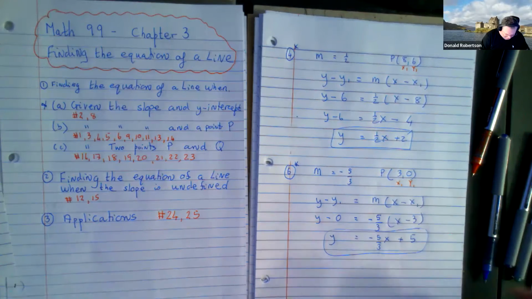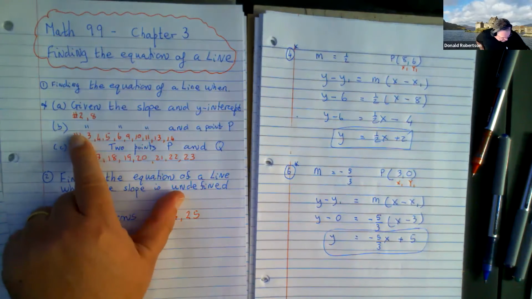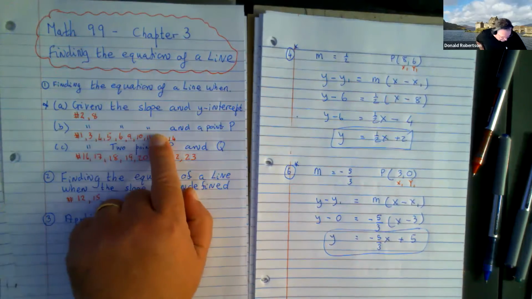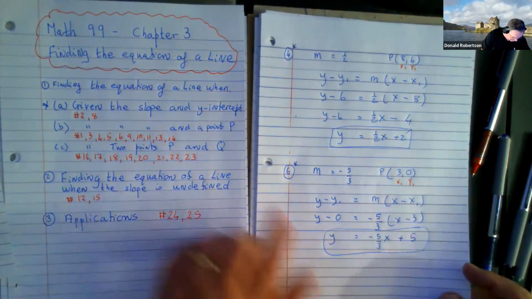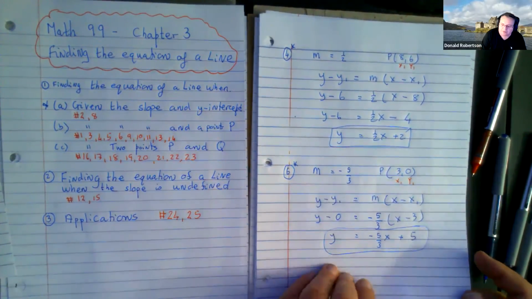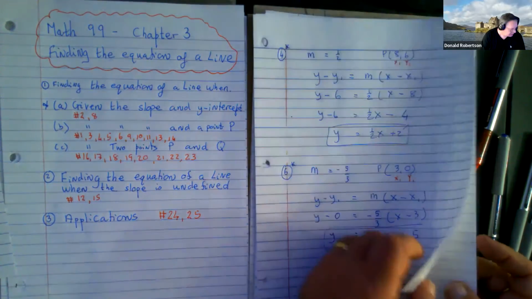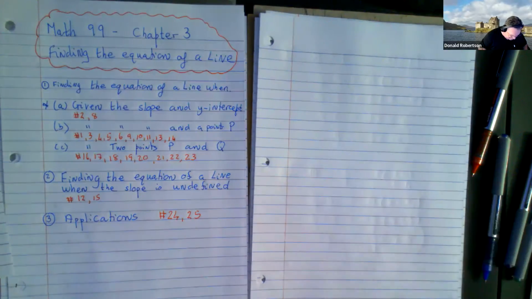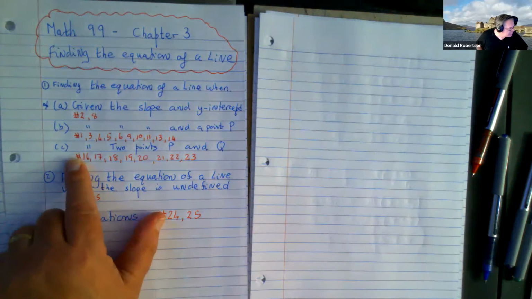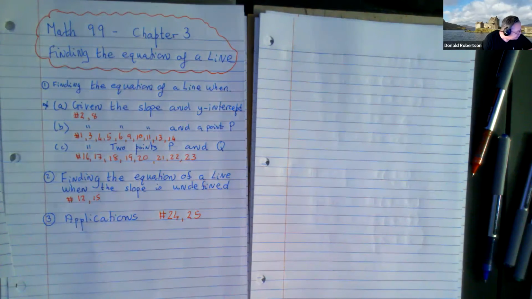And that is the process that you use to find the equation of a line when you're given the slope and a point that the line passes through. And that's that done. So let's look at the next group of questions, which start at, I believe, 16.